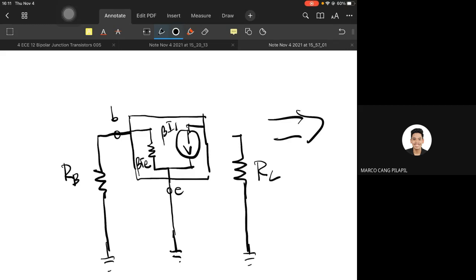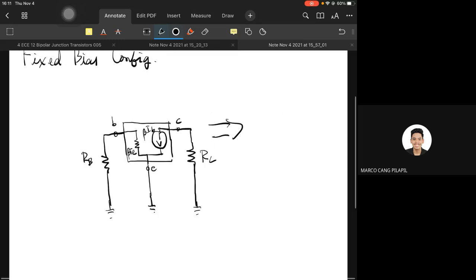Beta IB. And so our BJT model is finished.